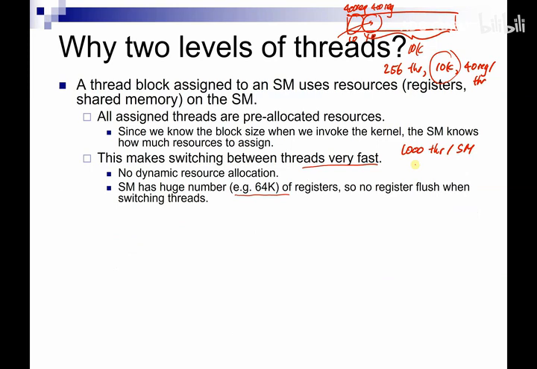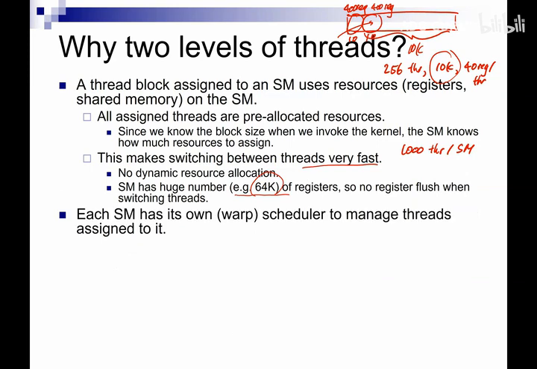If you want each thread to have a reasonable number of registers, let's say 64 registers, then you're going to need 64,000 registers for that SM.